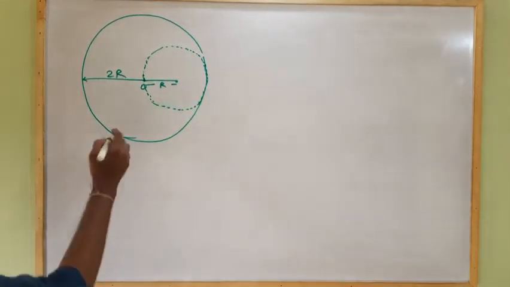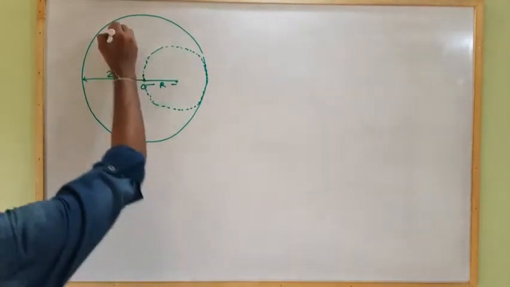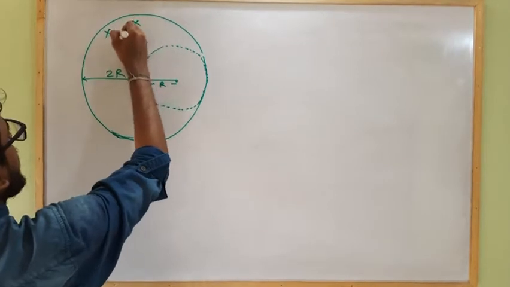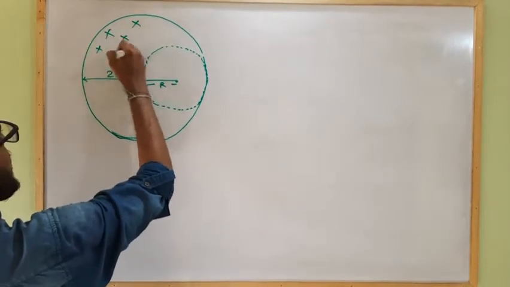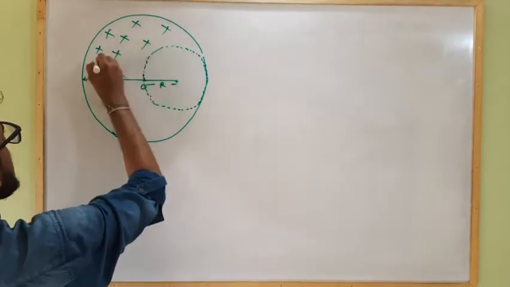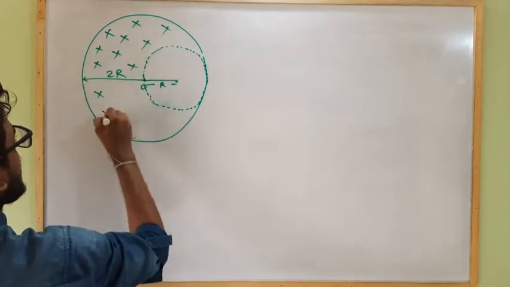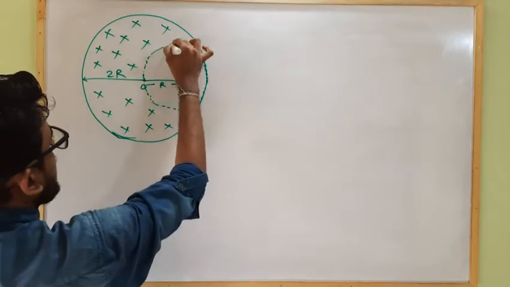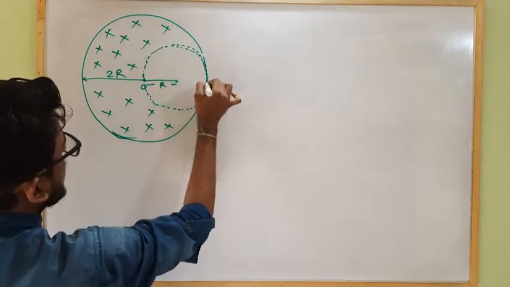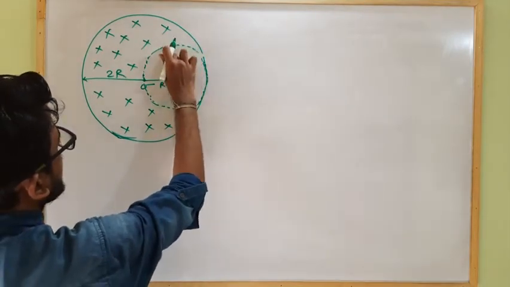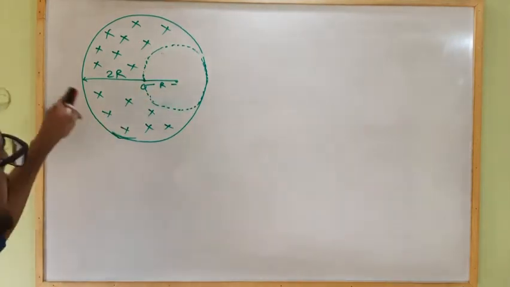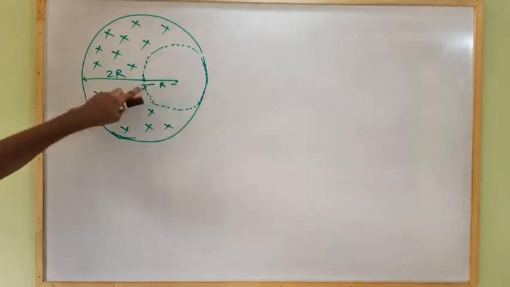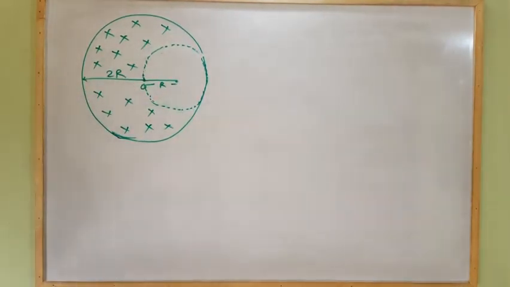Okay, there is a solid infinite long straight current carrying conductor which carries current like this. And there is a cavity within this current carrying conductor of radius r, and the radius of the complete current carrying conductor is 2r. Clear?